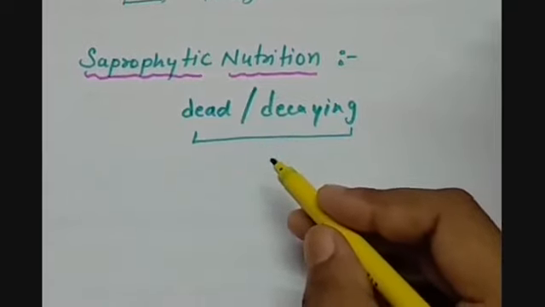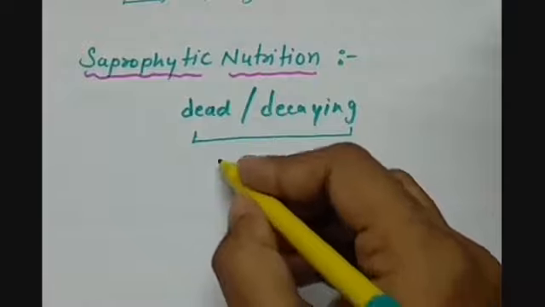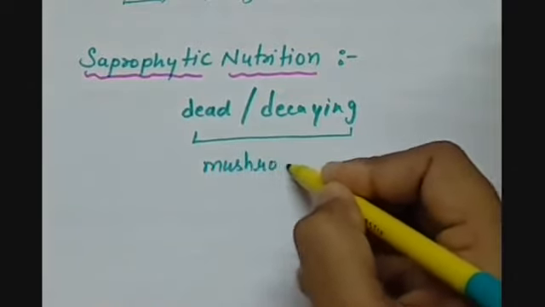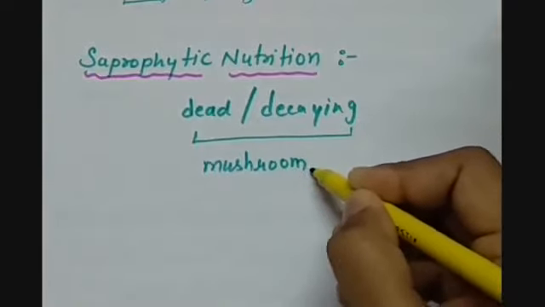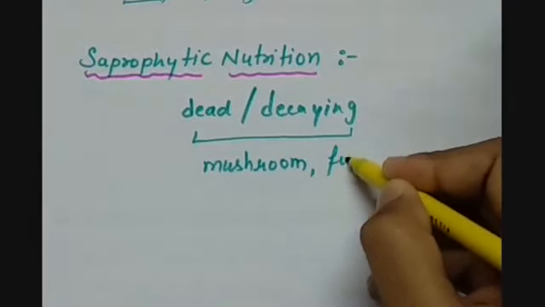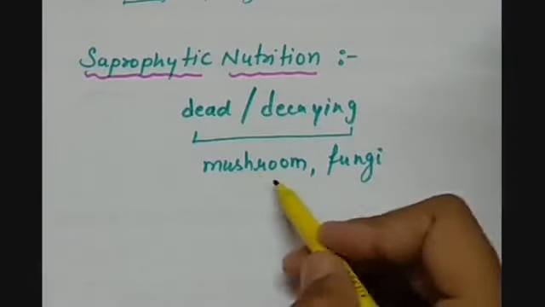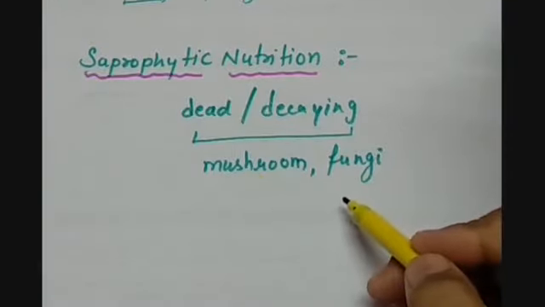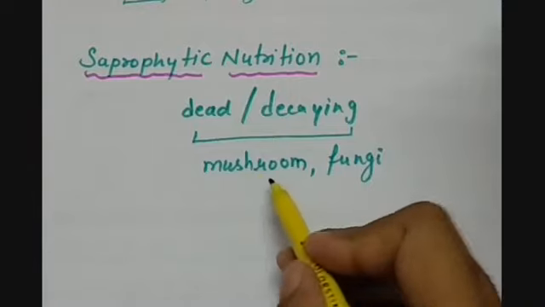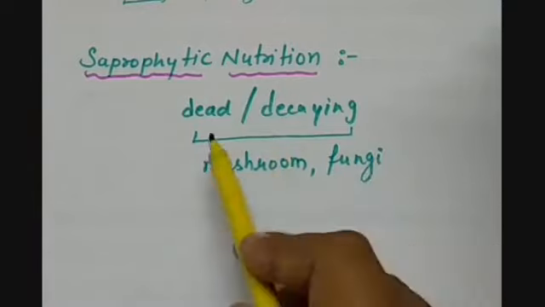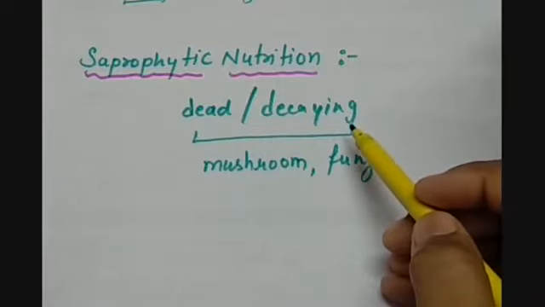Now, we can have the example of mushroom or any kind of fungi. So these can be examples of saprophytic nutrition. Here mushroom and fungi both take the decomposed form of food. The dead and decaying food is the decomposed form of food.